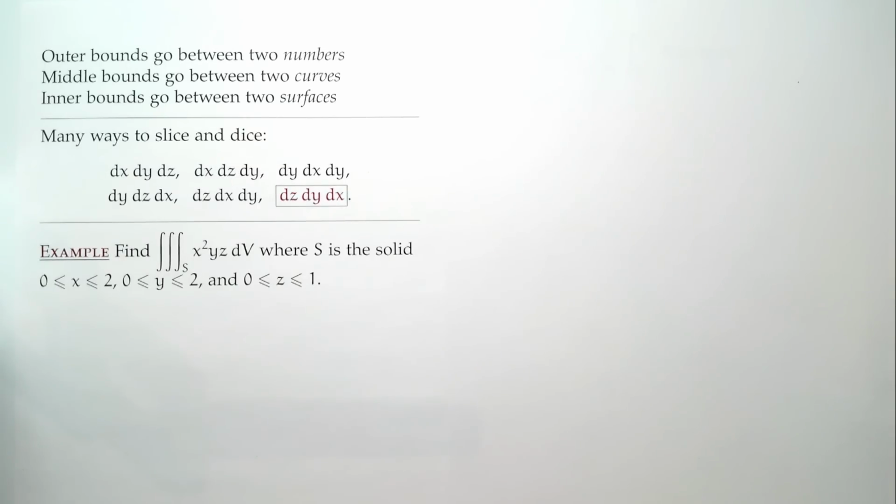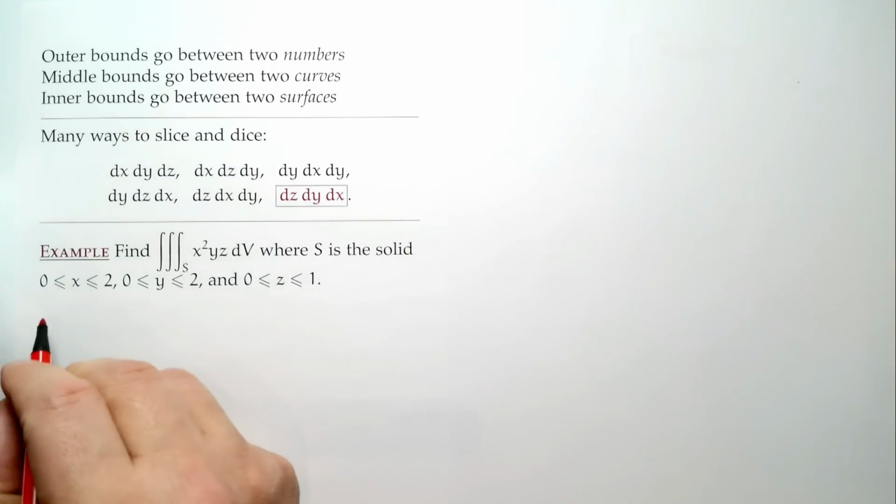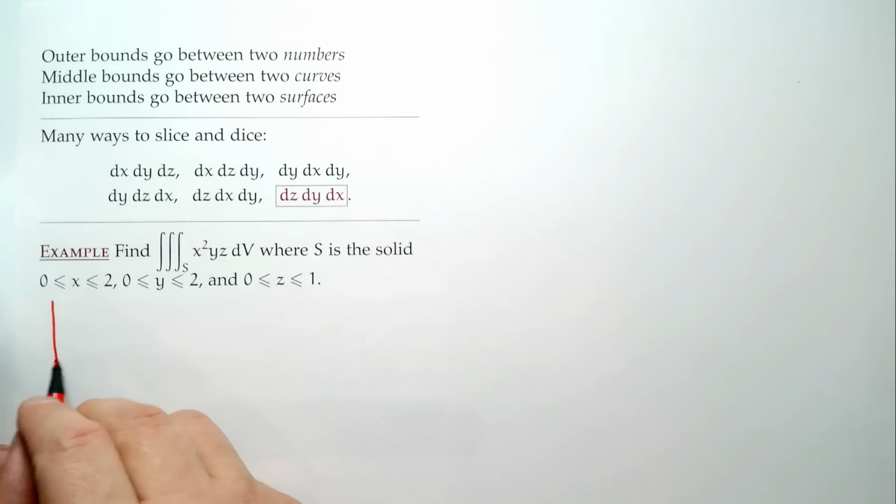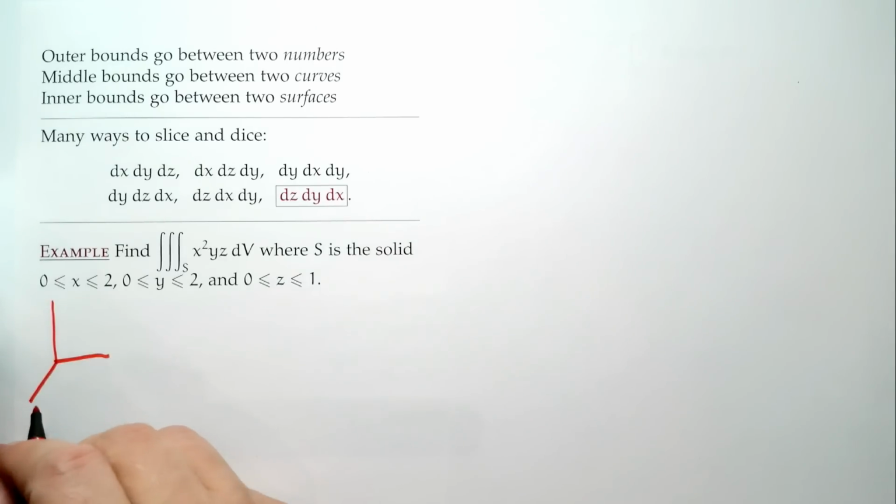Find the integral over a solid S of the function x squared yz dV. And S is the solid where x goes from 0 to 2, y goes from 0 to 2, and z goes from 0 to 1. Now, if you draw this solid, it's not very hard. What is it? Do you recognize the shape?